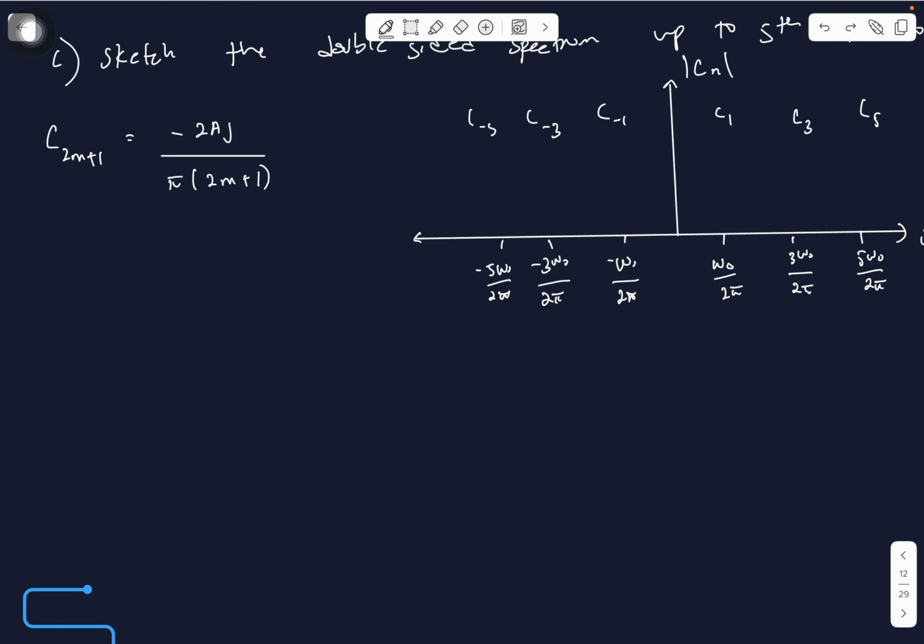So let's find C1 when m is equal to 0. So C1 is equal to negative 2a j over pi.